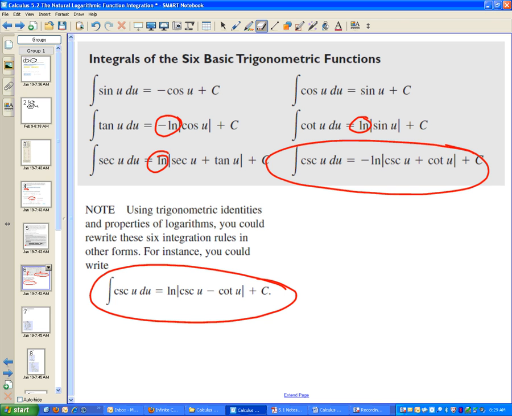Okay, but how did they magically move the negative sign? They use logarithm rules. The negative in front is the same thing as an exponent of -1 at the end. And then once you get an exponent of -1, you can do things with that, which I don't want to go into, because it takes a while to prove that those are equivalent, but they are.